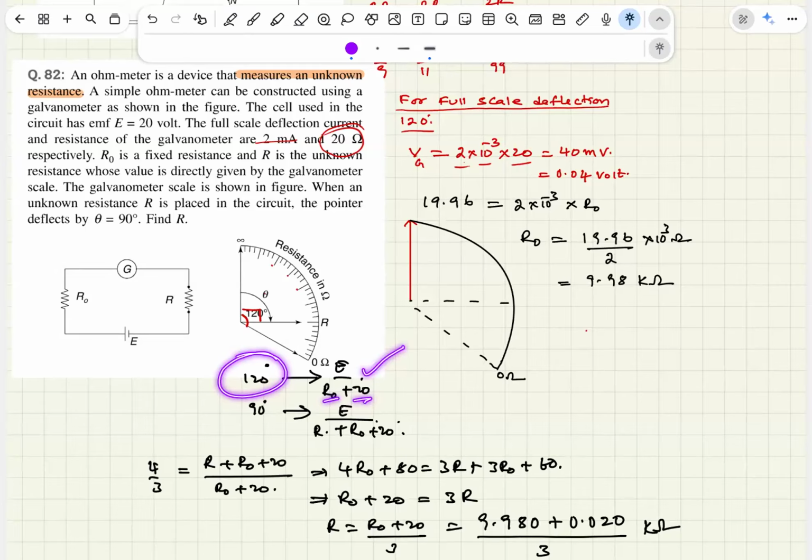Yes or no? This battery cannot generate full scale deflection when you have capital R. This battery generates full scale deflection as per the given question in the absence of this.